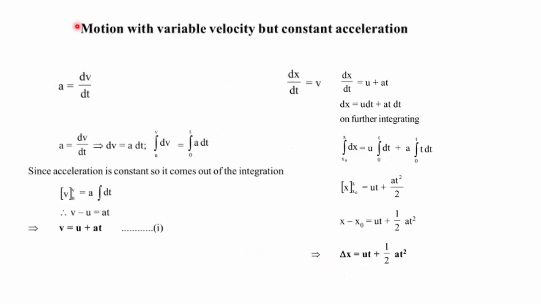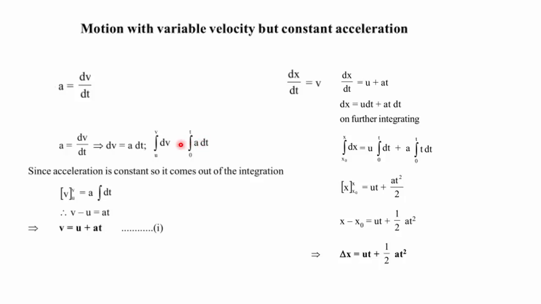But if I have motion with variable velocity, that means constant acceleration, then first I define acceleration as dv by dt, where v is the velocity, which means the rate of change of velocity. Rearranging, dv is equal to a dt, and now I integrate both sides.